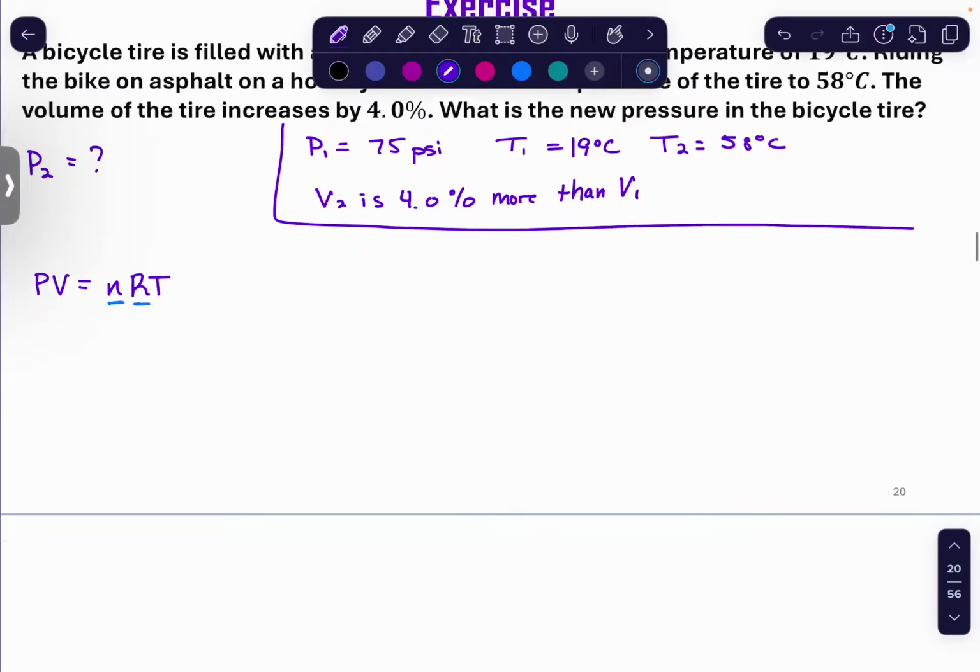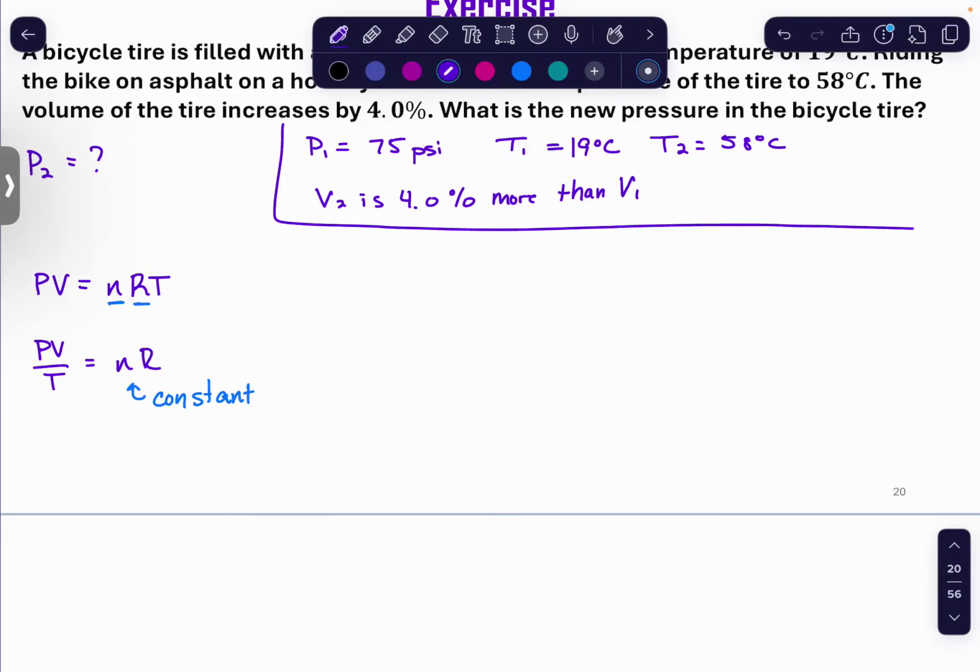And so what we're going to do is rearrange the equation to get variables on one side, constants on another. So if I divide through by T, I get PV over T equals nR. My left side of the equation is variables. My right side of the equation is a constant.